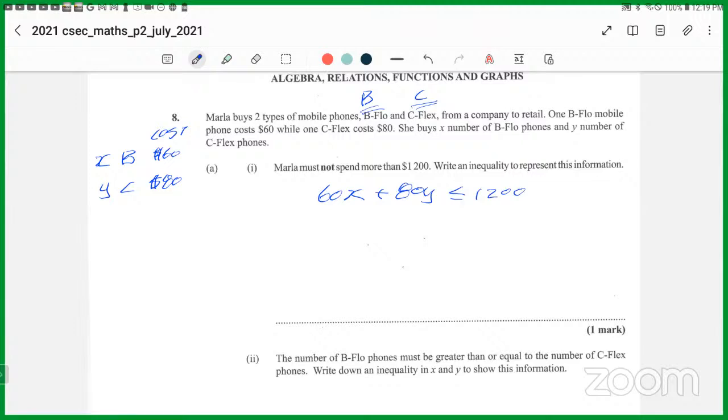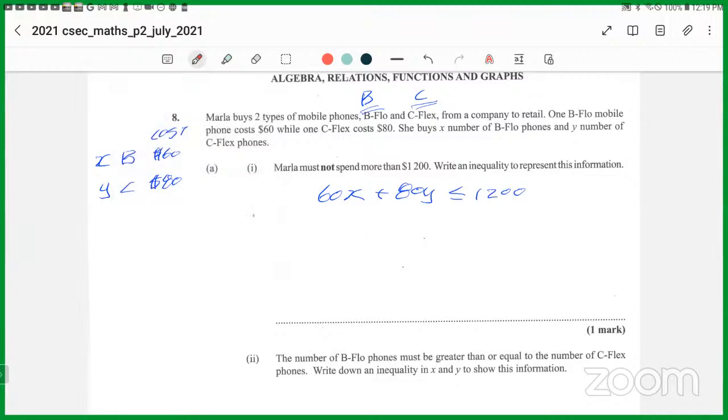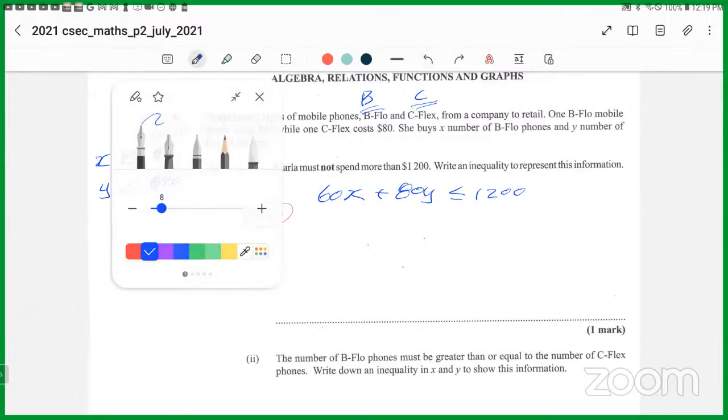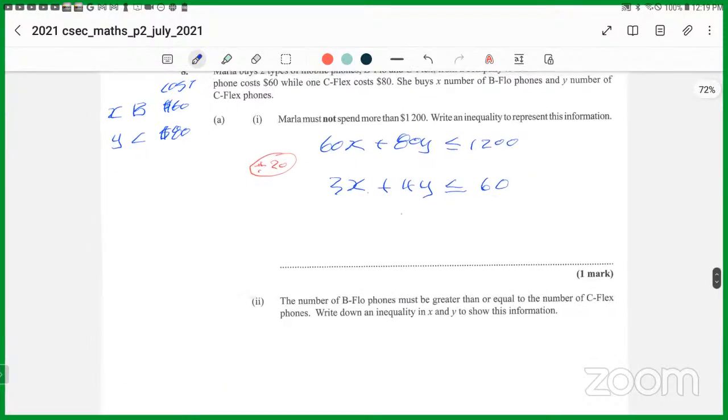Yeah, we can divide this through by 20. This becomes 3X, this becomes 4Y, and this becomes 60. Are you good with that? That is it. Are you okay with that?